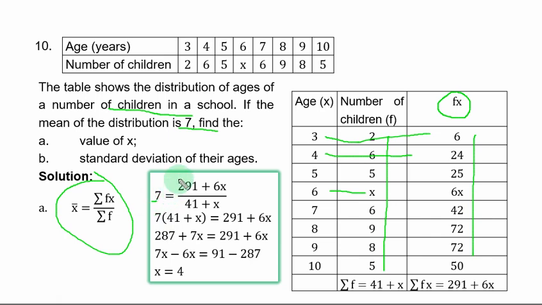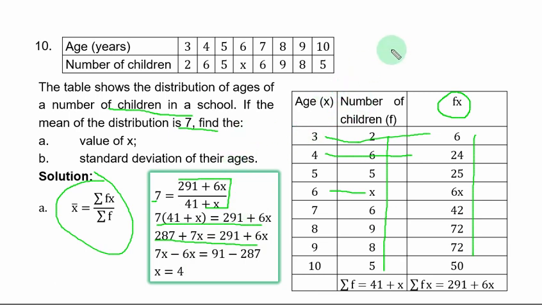So the mean is equal to 7. Summation fs is this over summation f. Multiply through by 41 plus s to clear the fraction. You have it in this form. If you open the bracket, you have this. Collect like terms.